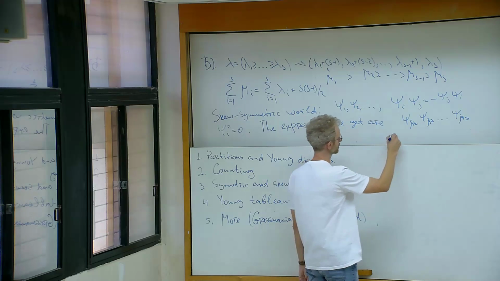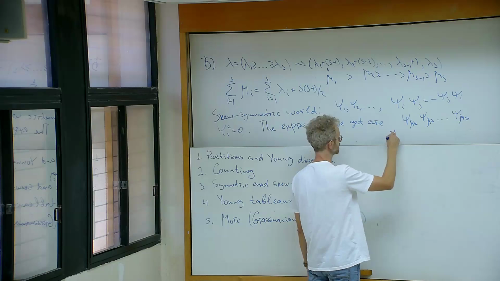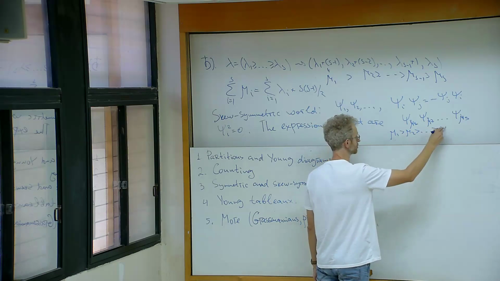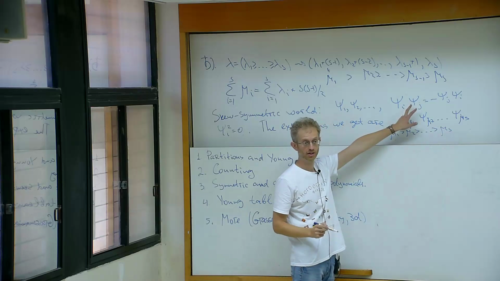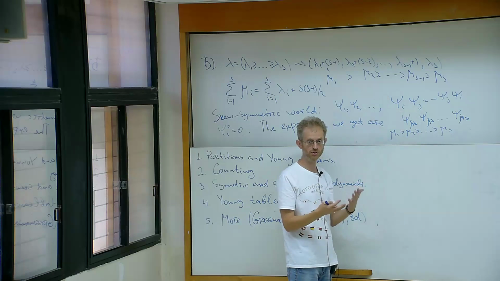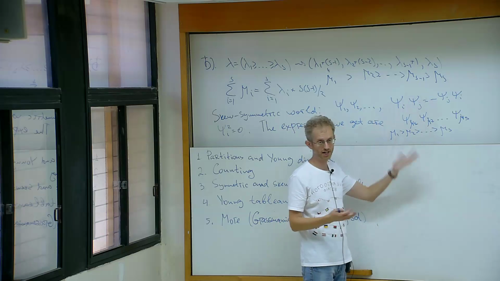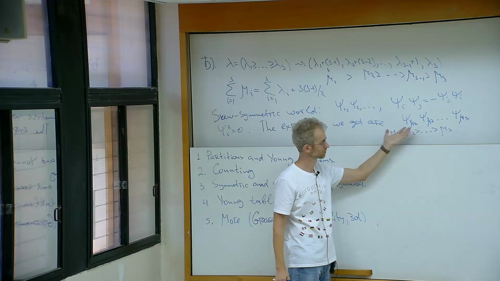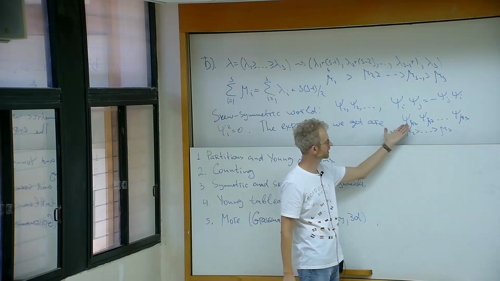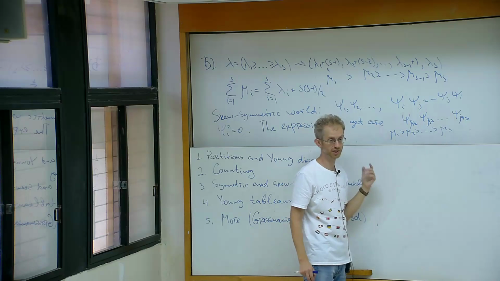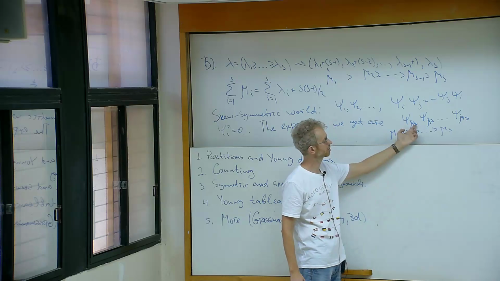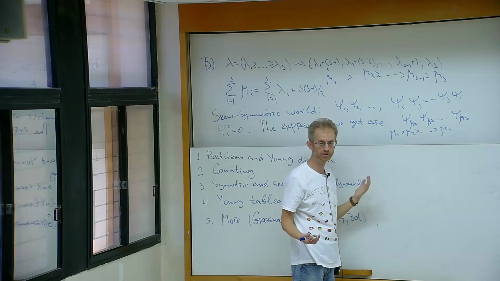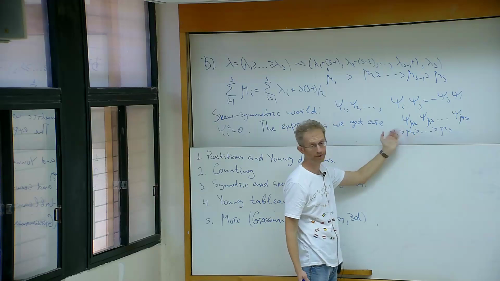And we can say that mu1 is larger than mu2, and so on, larger than mu s, because of course we can change the order. We're getting signs, but it's okay. And we can't have anything twice. So all the elements are linear combinations of these guys. We have infinitely many mu's, so there is no restriction on the length. S can be arbitrary, but this is what we're getting.